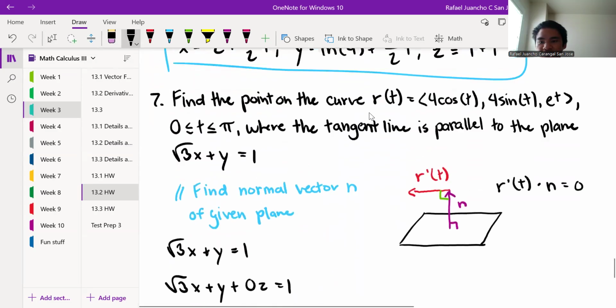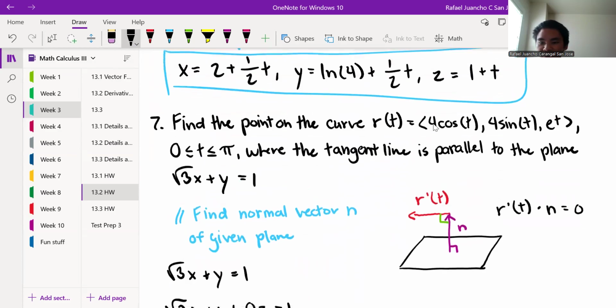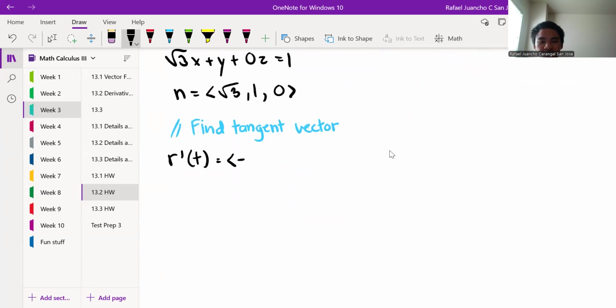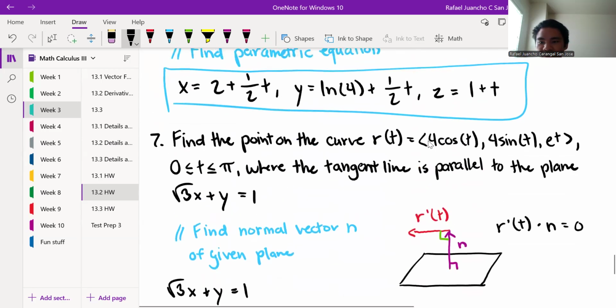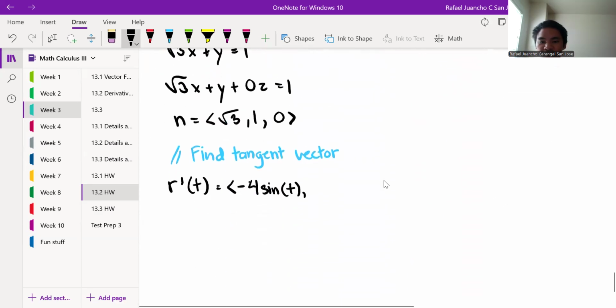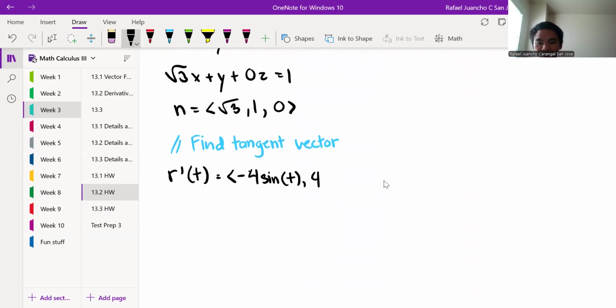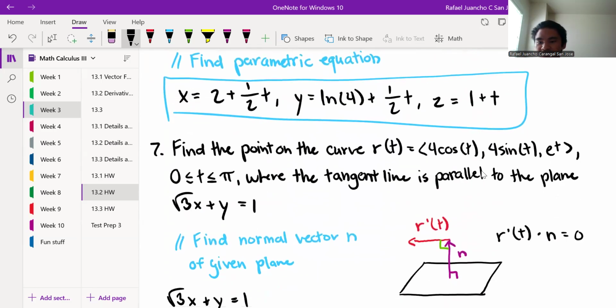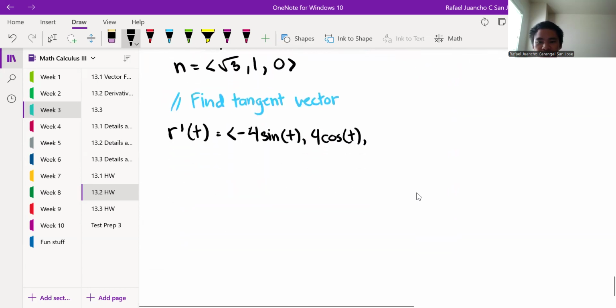If we take the derivative, okay, let's see. 4 cosine of t, well, this is just negative 4 sine t. Next one, we see 4 sine t, that's 4 cosine. And this other one, e to the t, that's just e to the t.